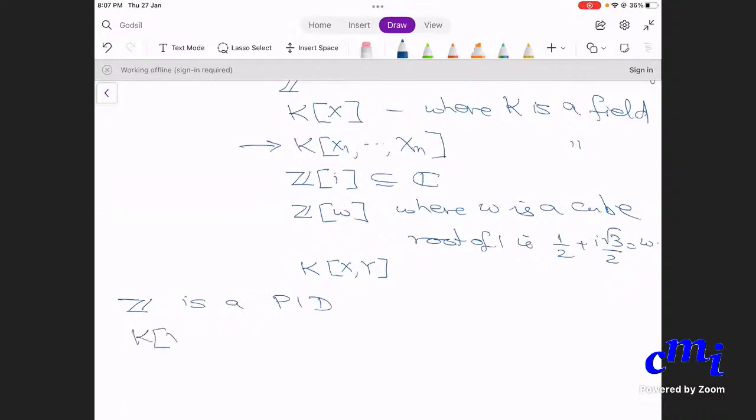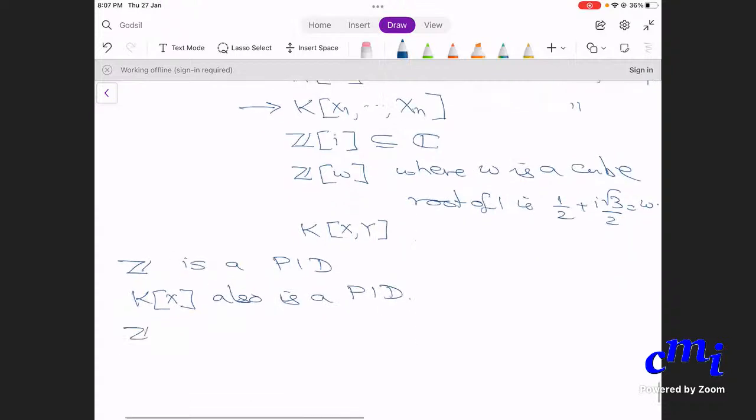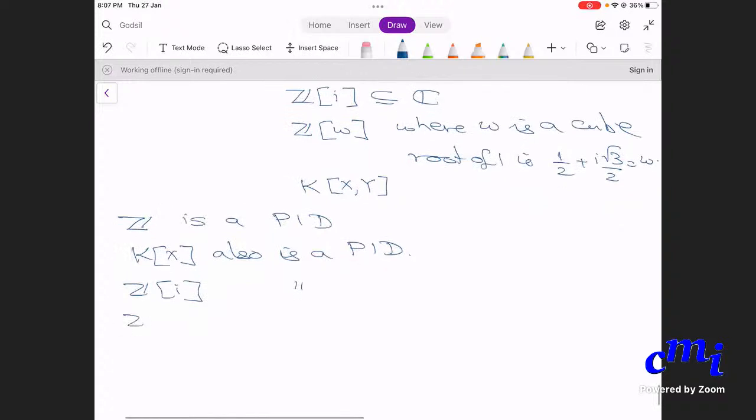K[x] also is a PID, a principal ideal domain. And it turns out that Z[i] also is a PID. Z[omega] also is a PID. You may not be very familiar with why Z[omega] is a PID.